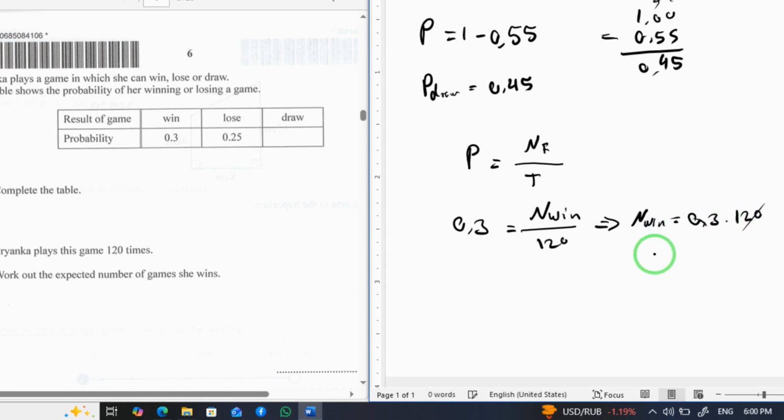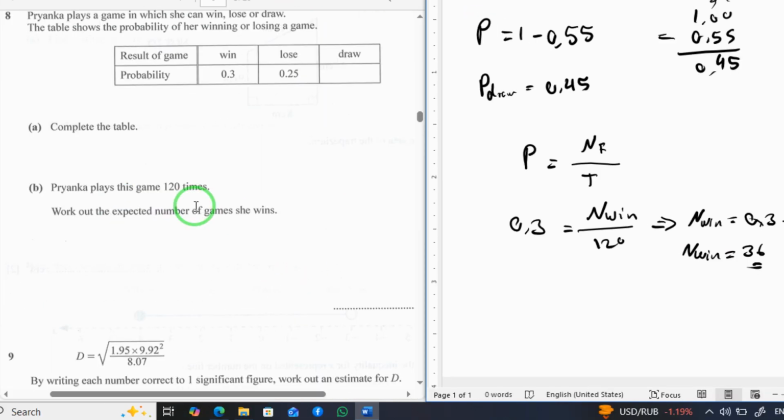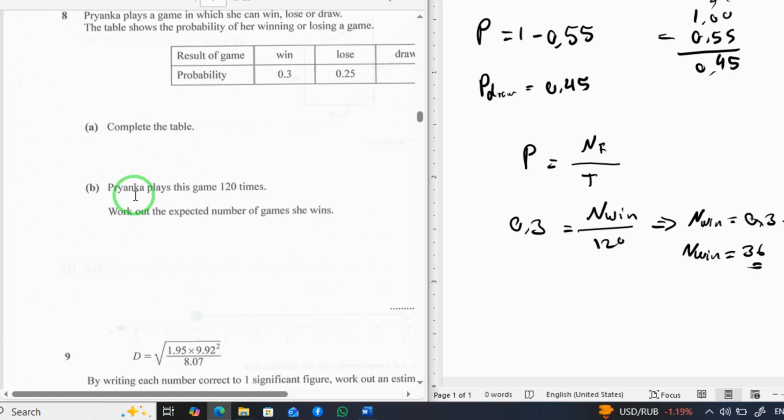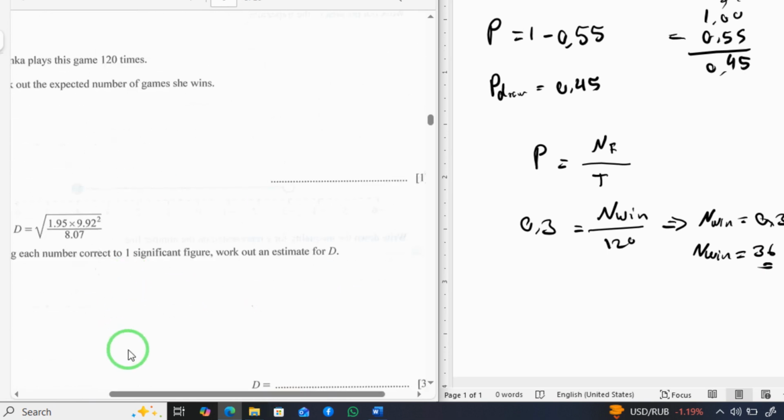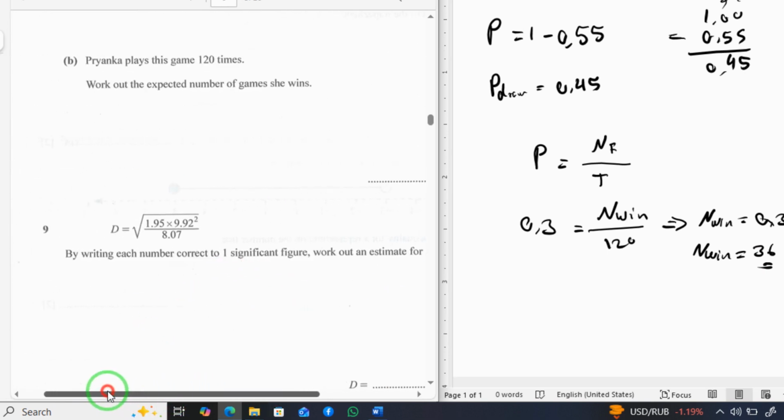This 0 with this point we directly simplify, and 3 times 12 is 36. This is the number of games Priyanka may win. This is question number 8. With all parts we should write the result 36 here. It has 1 square.